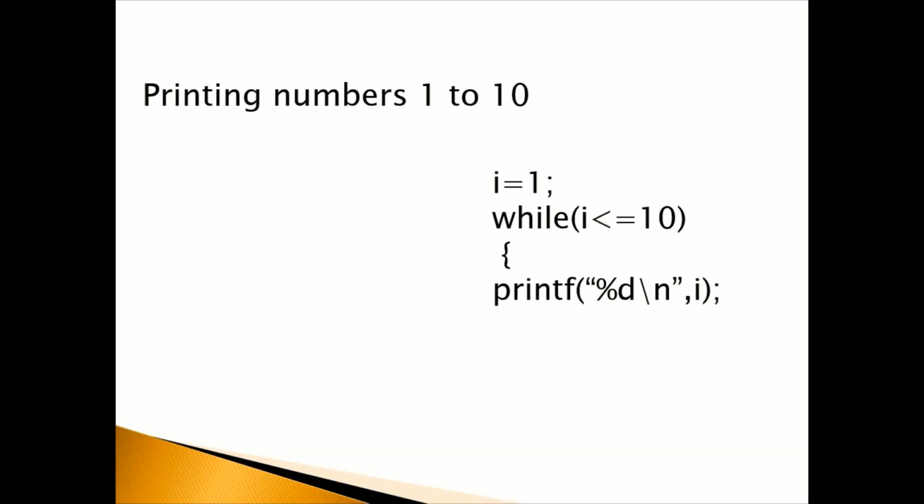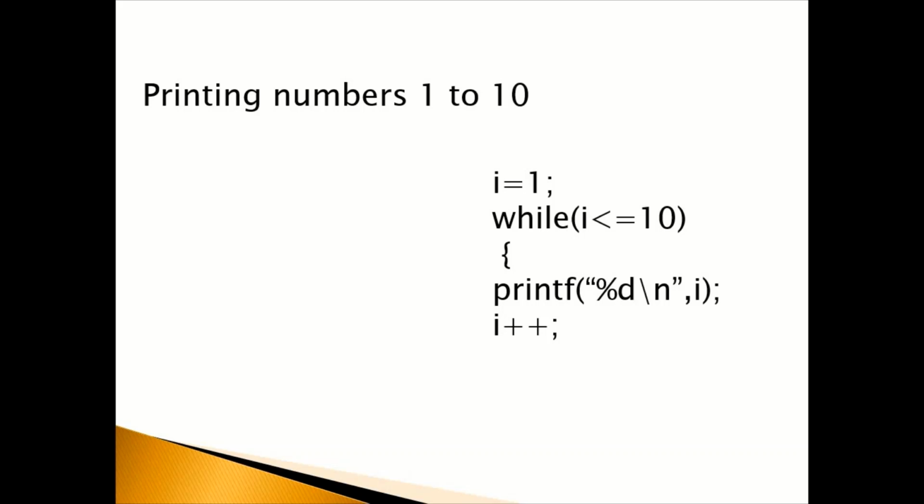First, when I is equal to 1, it checks the condition: 1 is less than or equal to 10. The condition is true. It executes the printf statement, where it prints the value of I, that is 1. After printing 1, next we have I++, which will increment the value of I by 1.